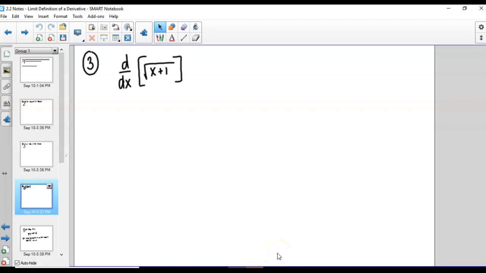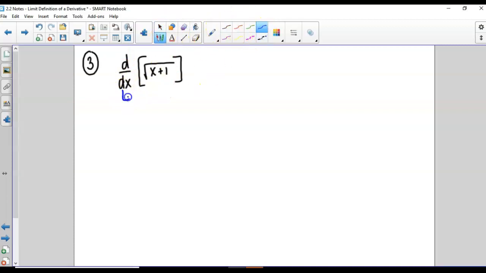Example 3 for the notation of it. Whenever you see this notation, it means the derivative of whatever is inside of those brackets with respect to x.